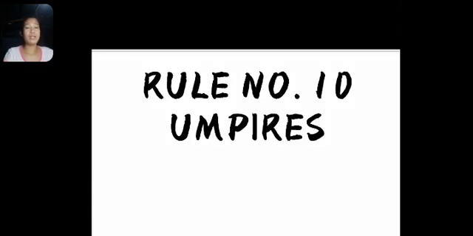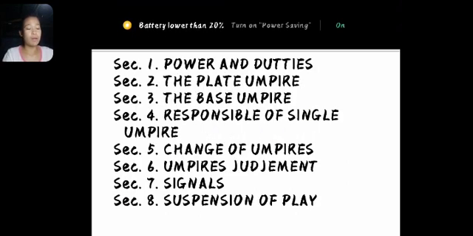Rule number 10, Section number 1, Power and Duties. The umpires are the representatives of the league or organization by which they have been assigned to the particular game, and are authorized and required to enforce each section of these rules.